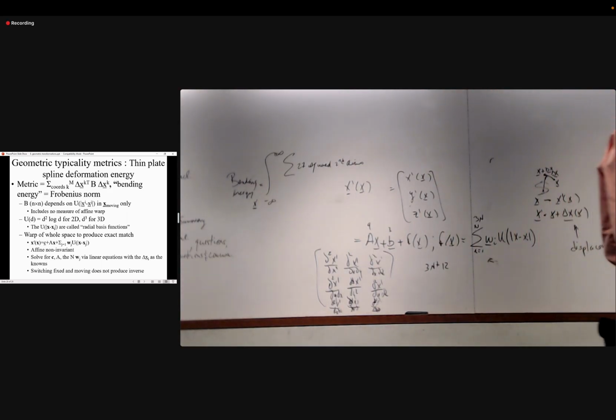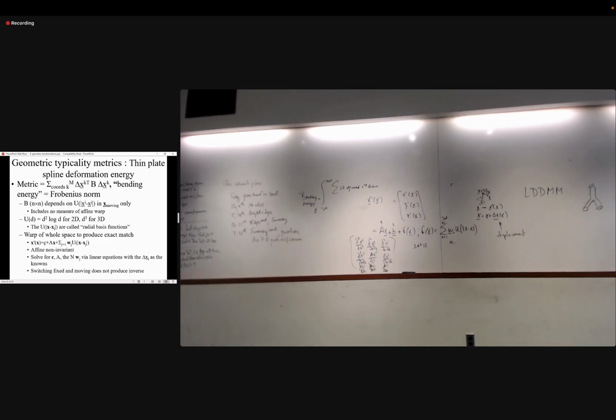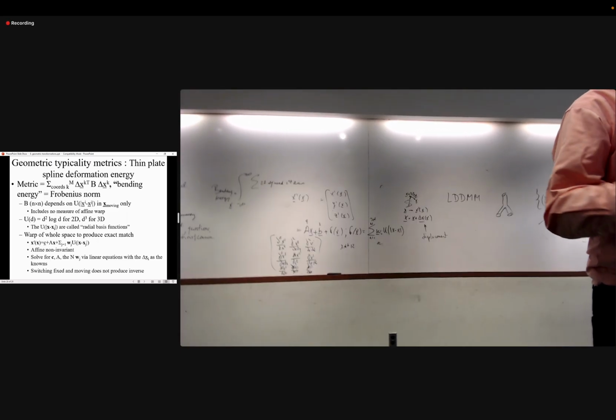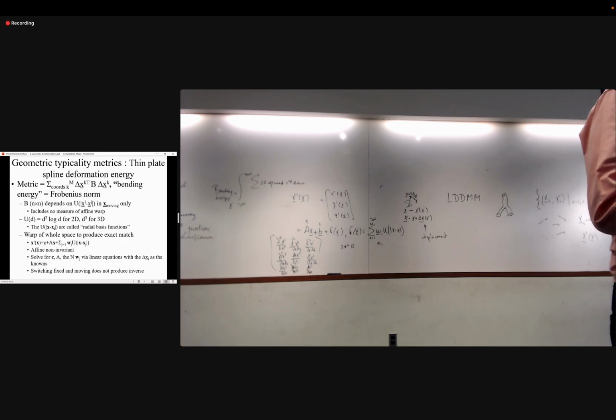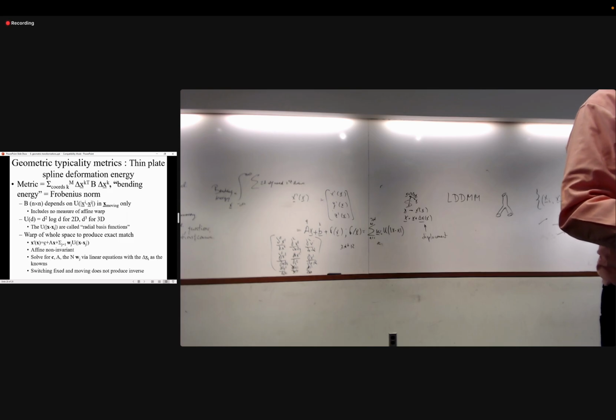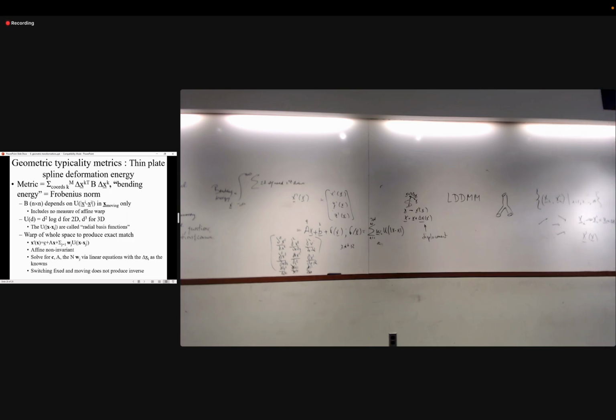But for 2D, it turns out that u of d is d squared log d. And for 3D, u of d is d cubed. Those are the scalar functions that you end up using, right? Those u of d's for various values of d produce these so-called radial basis functions.